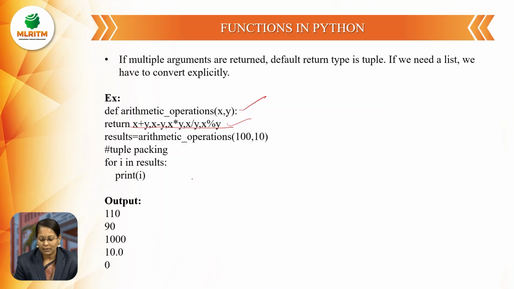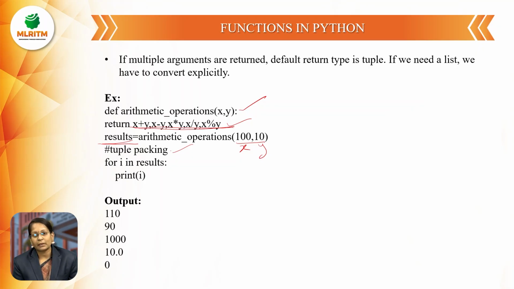We are printing the output in the form of a tuple. So result contains these 5 values in the form of a tuple. Arithmetic operations 100 comma 10, so x is equal to 100 and y is equal to 10. This is known as tuple packing.